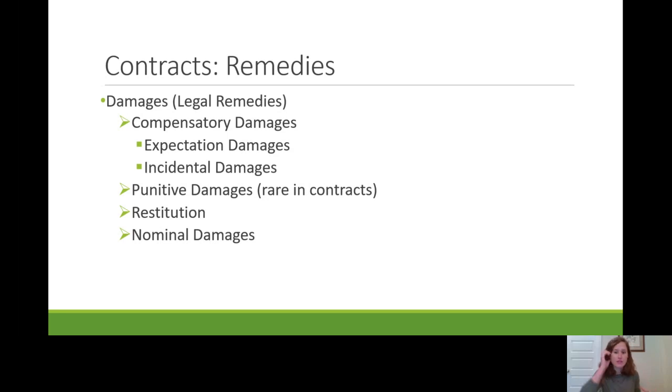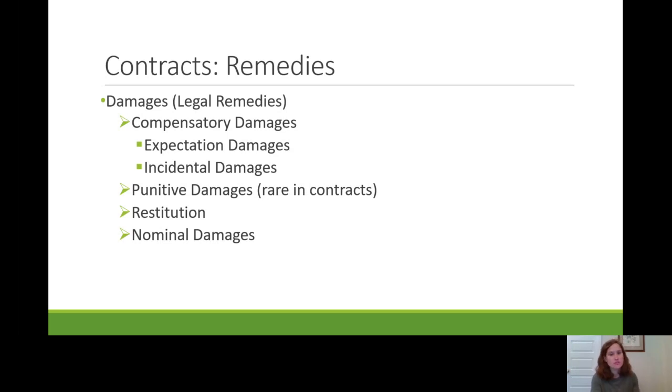The main thing to keep in mind is that our goal overall here is compensation. We want to put our non-breaching party back in the position they would have been in had the contract been performed. So we need to basically adjust the situation and say, okay, if you had performed, here's how much value you would have received.